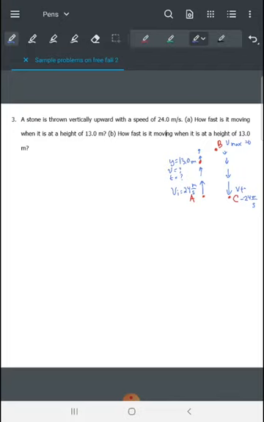Okay. So, this one, medyo hindi natin magagamit yung sinimplify nating equation. Pero, still, we're going to use KE number 1 and KE number 3. Okay. So, given kasi tayo ng Y, and then given tayo ng initial velocity.